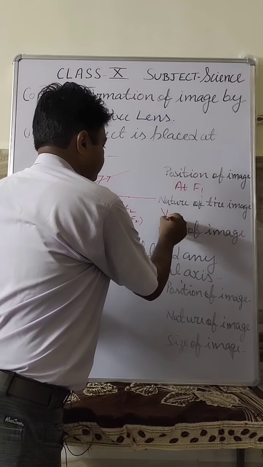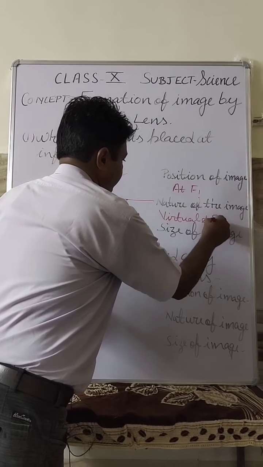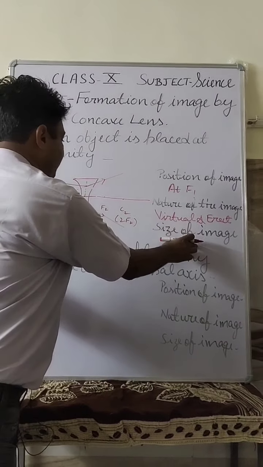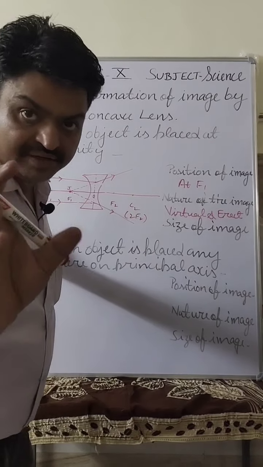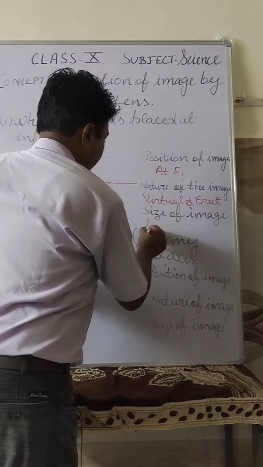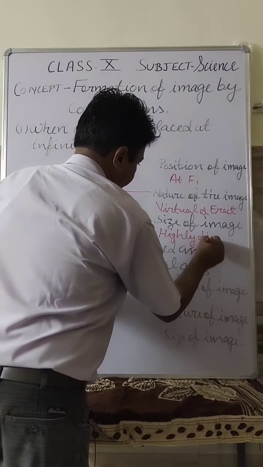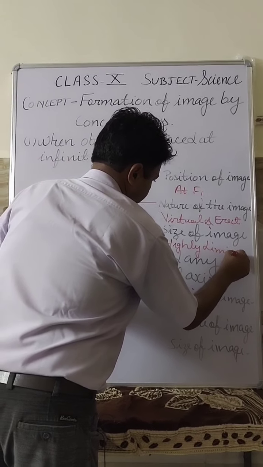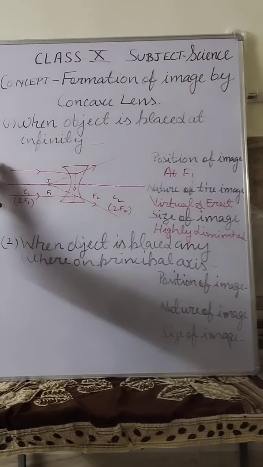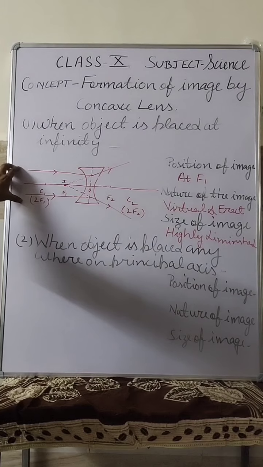It is virtual and erect. Size of image is highly diminished because it is point size. So what will you write? Highly diminished. So it is about when the object is placed at infinity.